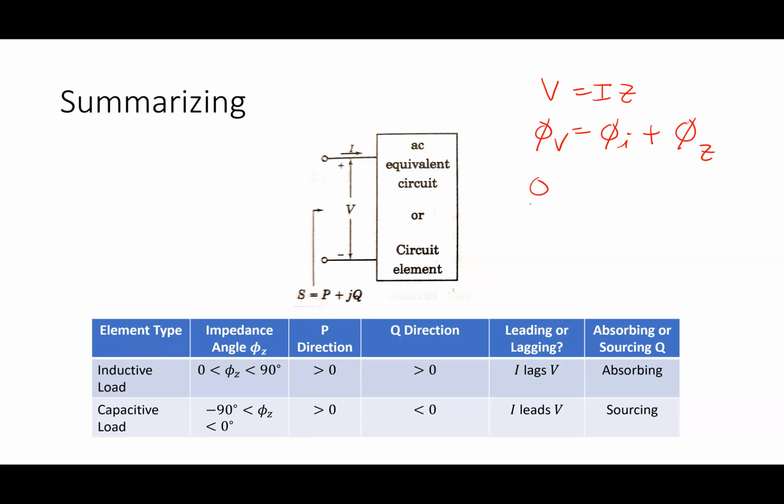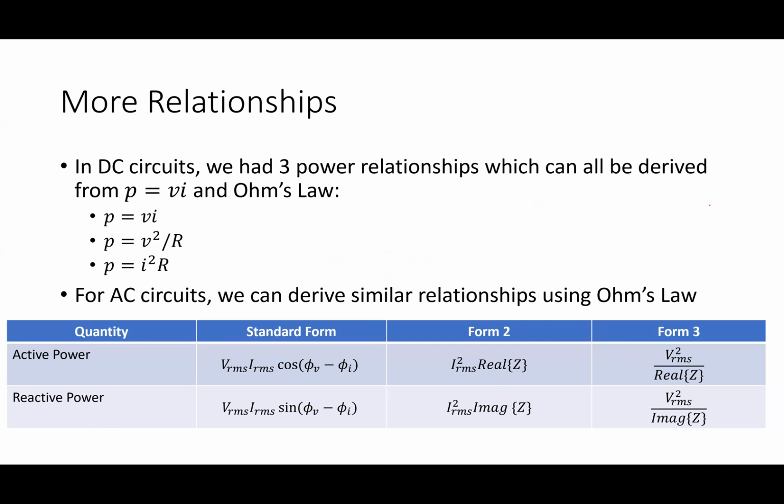So the angle of I is always the angle of the voltage minus the angle of the impedance. If I have an inductive load, what's the angle of the impedance, positive or negative? Positive. That's why I get lagging, because I subtract and have to go backwards from the voltage. If it's leading, I would have a negative impedance angle. That's a capacitive device. So I would end up adding to the voltage angle, and the current leads the voltage. All those results are important for us.